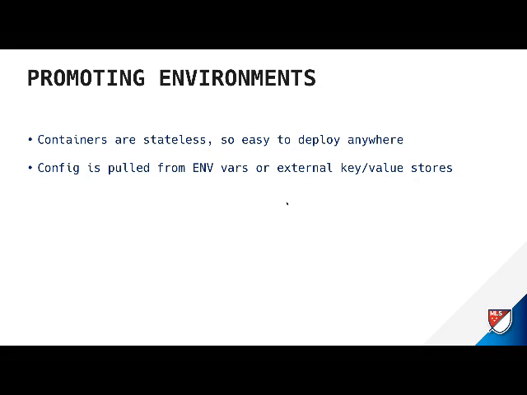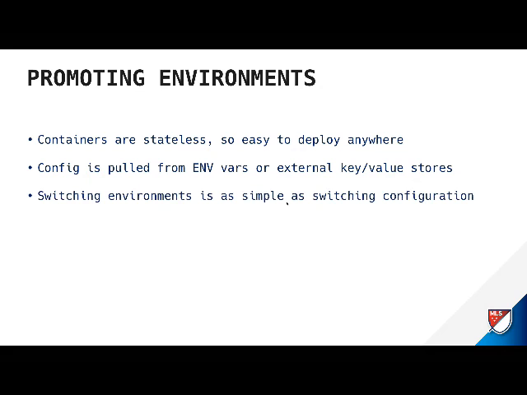And if you're in production, you might have an AWS database, or you might be using some external MongoDB service or Firebase or something like that. So you can change these values, and that's your application. All it needs is this different configuration to run as if it's a different environment. Switching environments really is as simple as switching configuration.